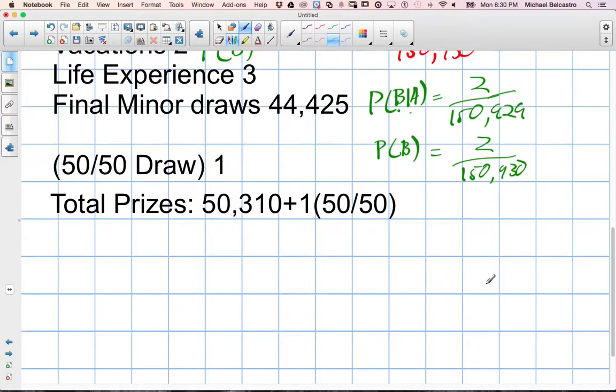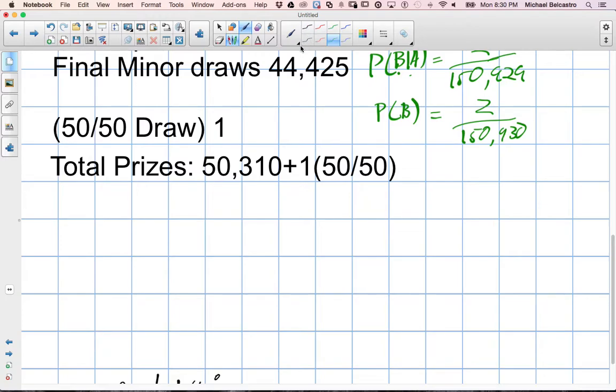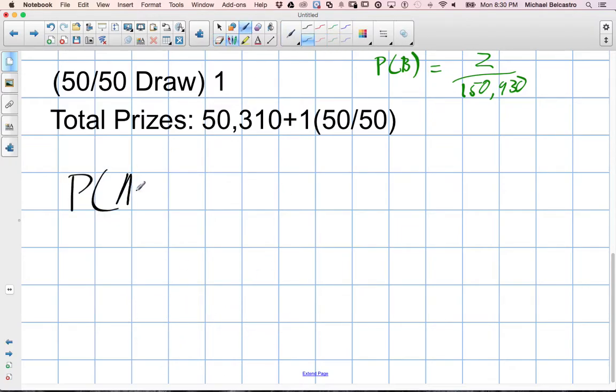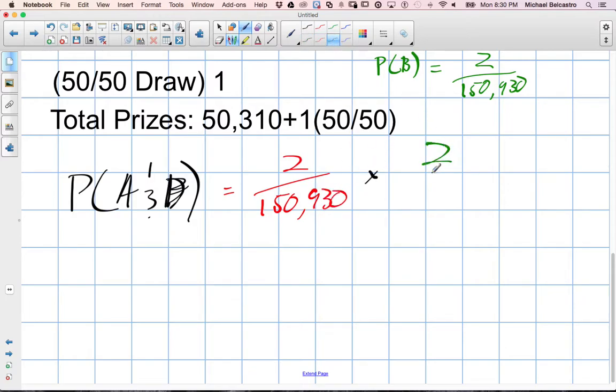So, to calculate these two events, the probability of A and B occurring, of the two dependent events, is the probability of A being 2 out of 150,930 times 2 out of 150,929.